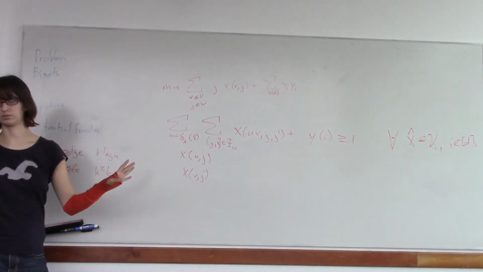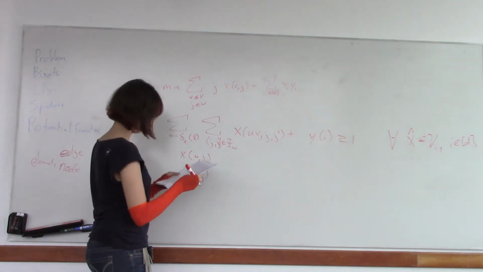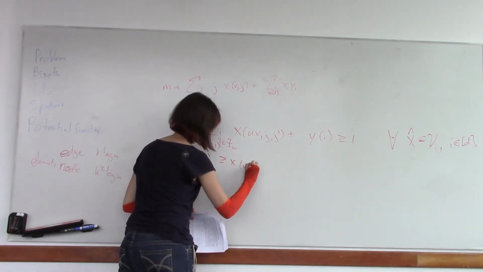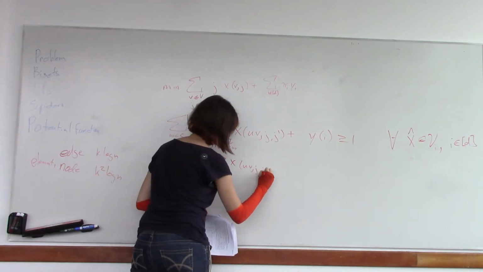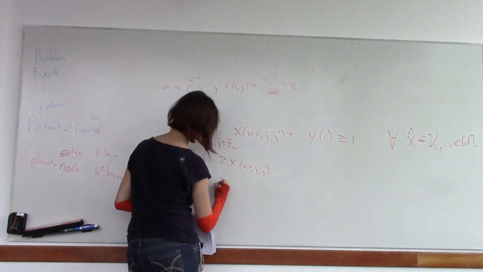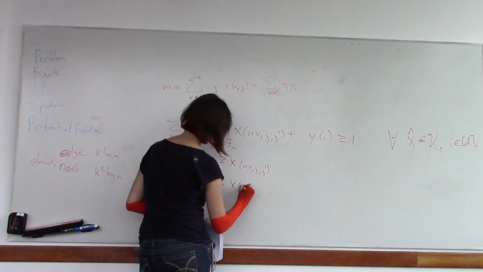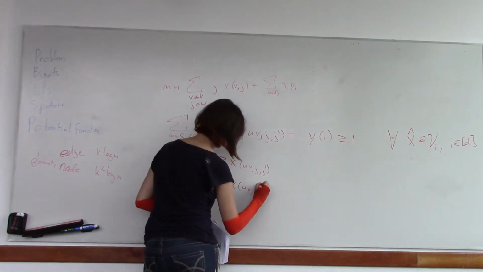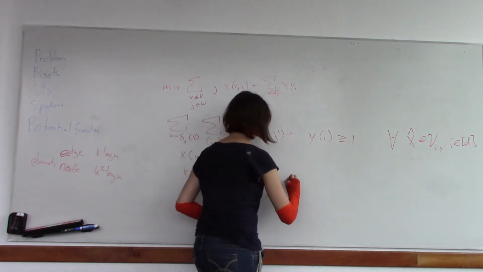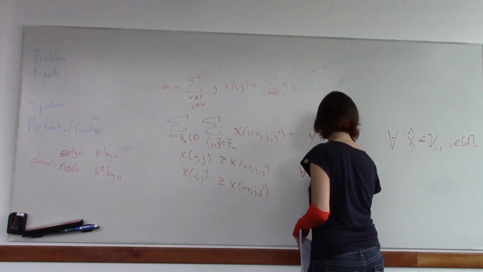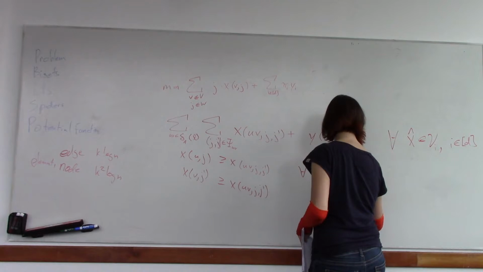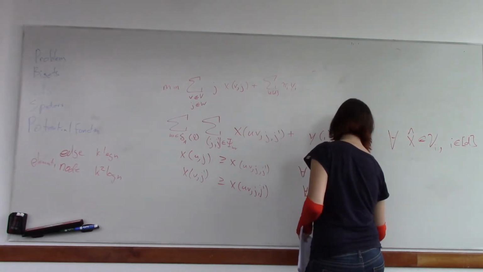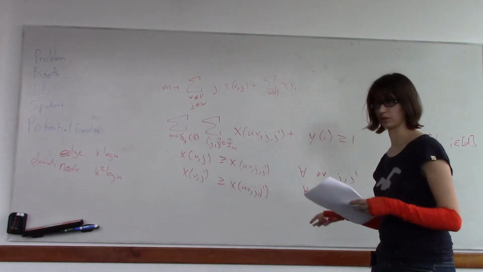This is okay, it only loses a factor of 2. And then all the non-negativity constraints.